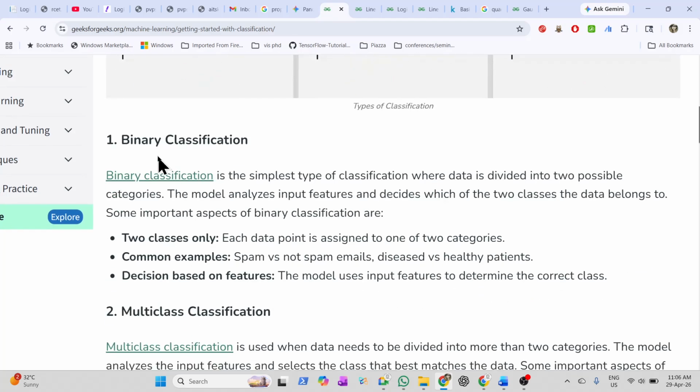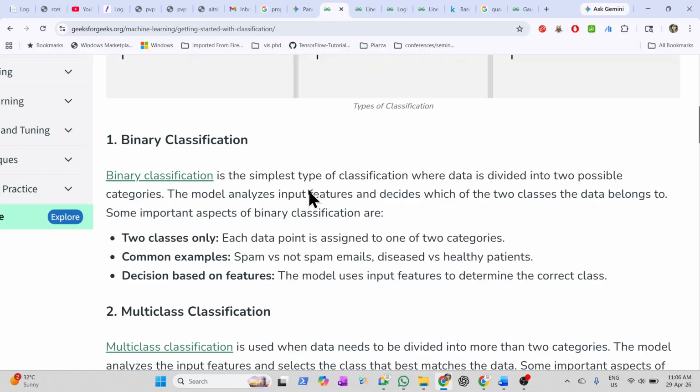And when we discuss binary classification, this takes us to the understanding of a simple classification strategy which puts the data points into one of the two classes or categories. And this is the simplest of all.